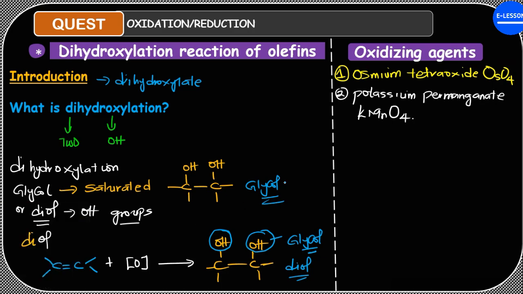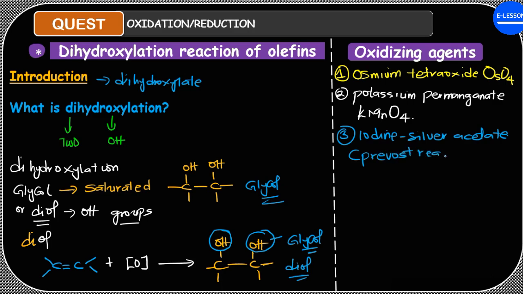And then the last one is iodine silver acetate. The iodine silver acetate is also called the Prevost reagent.